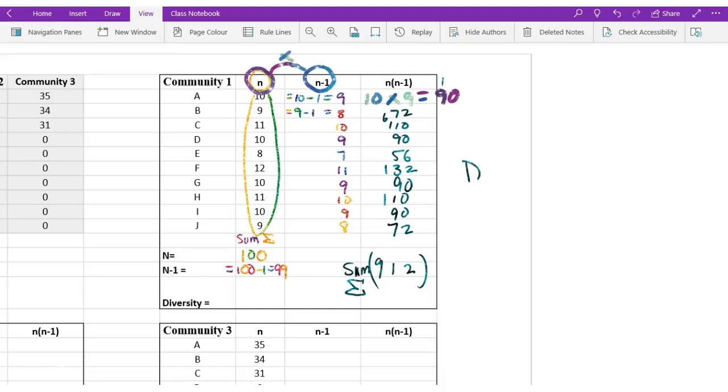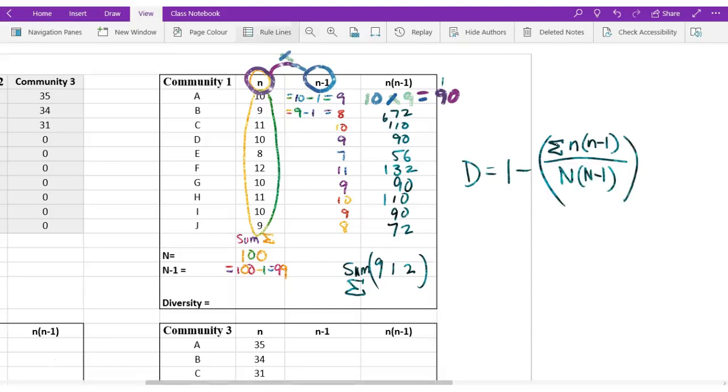So diversity with Simpson's is 1 minus all of this. Okay, first of all, you take the sum, this is why I've been wanting you to remember the symbol there, the sum of all of those little n times n minus 1, okay, divided by the big N times big N minus 1 value.